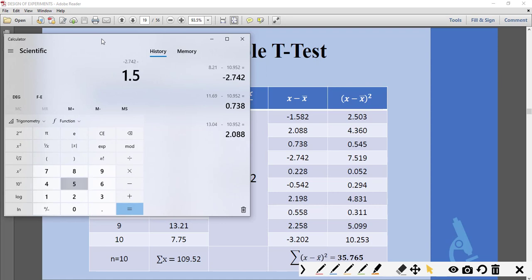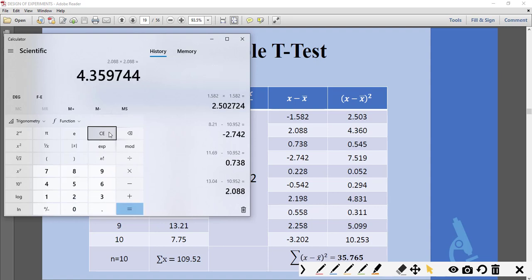Minus 1.582 into, sorry, I will have to clear this. See, I won't write minus, you know, negative into negative is positive, right? So 1.582 into 1.582. What am I getting? 2.503. 2.088 into 2.088. 4.359. Okay, that is 4.36 approximately.